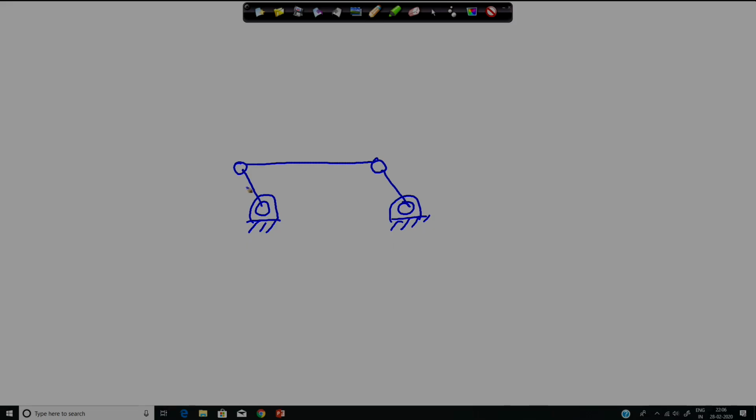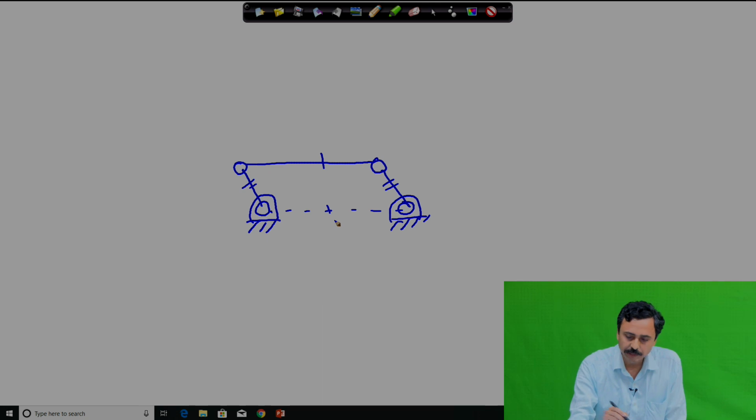For example, if you have a parallelogram linkage, and if you want to move this through 360 degrees, then there comes a configuration where it is uncertain.